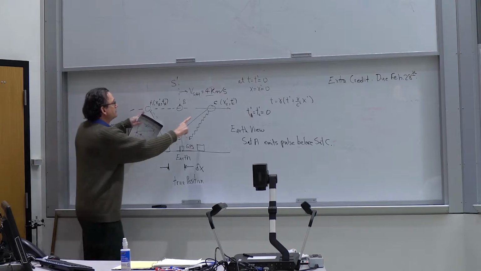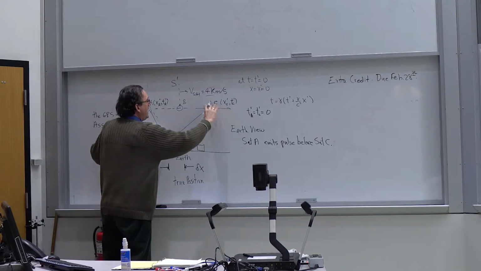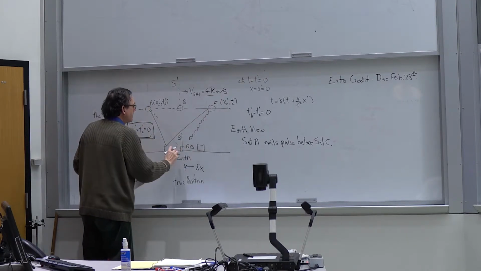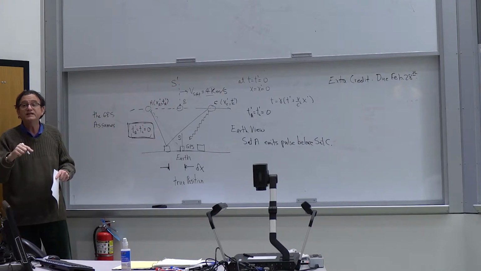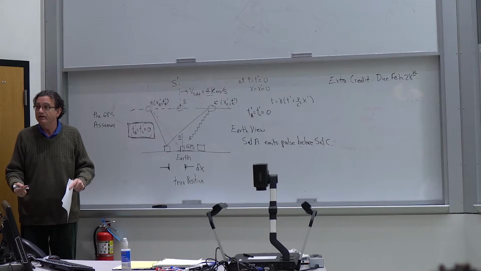These two were emitted simultaneously in the satellite's frame that's moving across the sky at 4 kilometers per second, but they don't get emitted simultaneously when viewed from Earth. And the GPS needs to know that. If it doesn't, it's going to make an error.